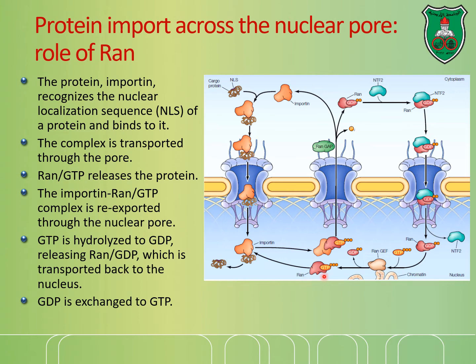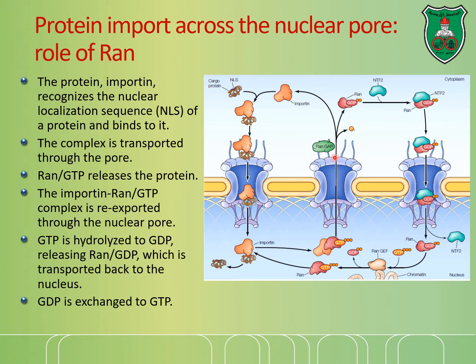Now this Ran is bound to GTP. When it is GTP bound, it can interact with importin, releasing the cargo, releasing the protein inside. Now you have the Ran protein interacting with importin. Now importin must get out of the nucleus so that it can function again. So Ran takes it outside.